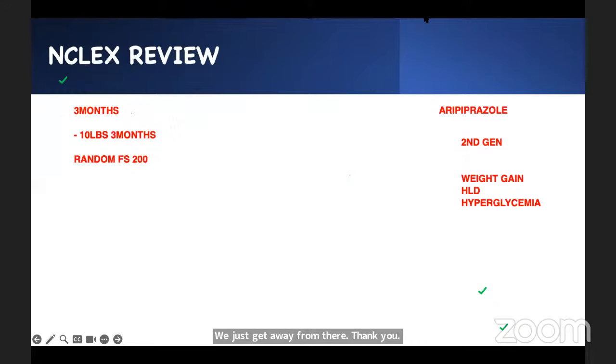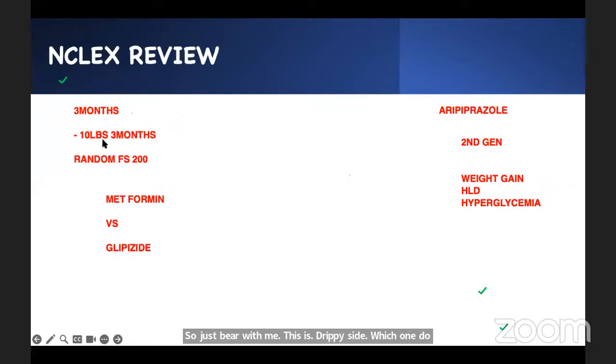The sugar is too high, and therefore they decided to put the patient on medication. You have a choice: Metformin or Glipizide. I'm making it up as we go, so just bear with me. Which one do you want to choose?